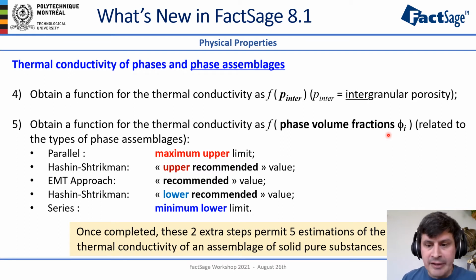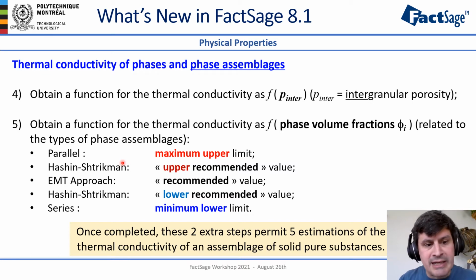And the models there provide 5 different thermal conductivities, 2 maximum and minimum limits. The upper maximum limit is given by the parallel mode, which is the most absolute value you can get. The minimum lower limit is a series microstructure, but in between we are using the EMT approach, which is our recommended value for the thermal conductivity, which lies between the 2 upper and lower minimum and maximum limits.